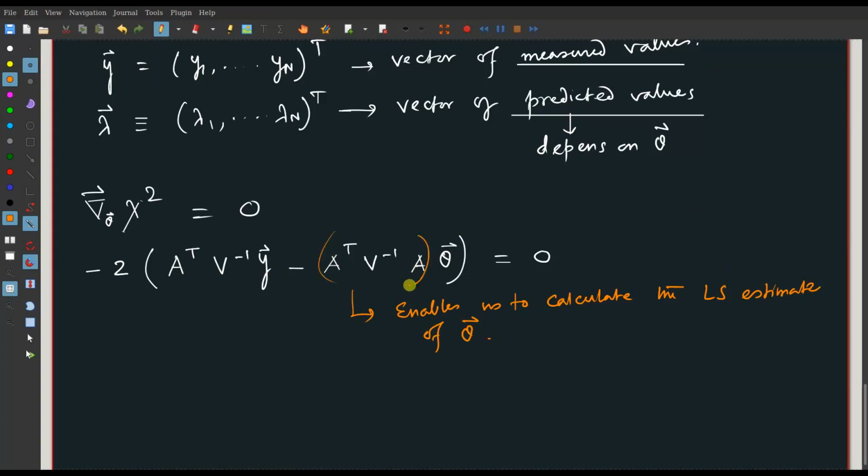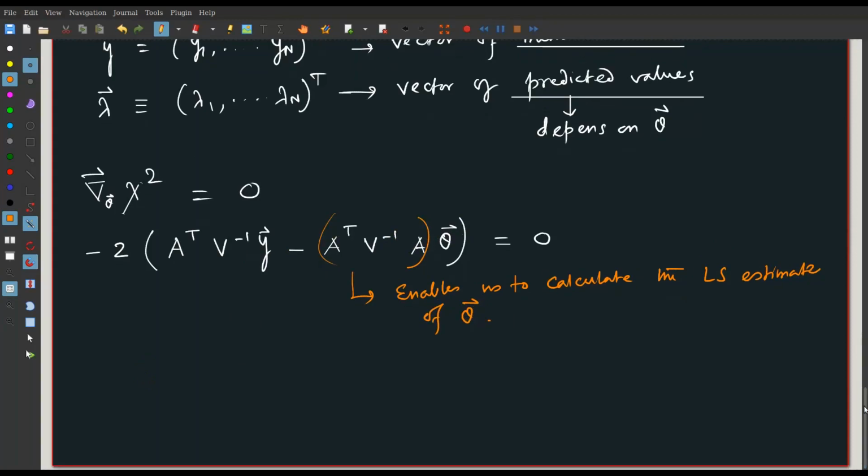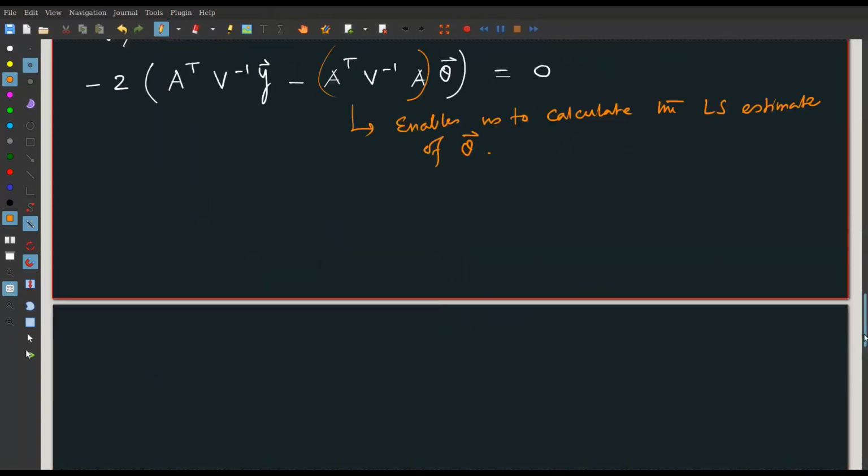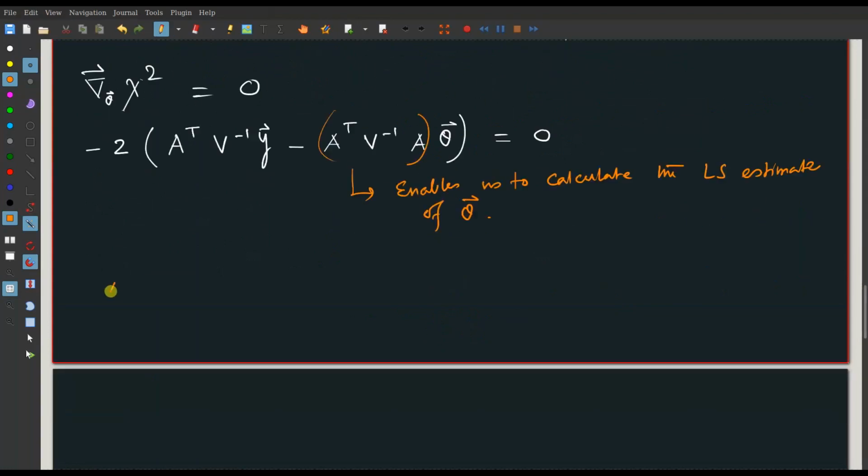Assuming that this matrix is non-singular, so that you can safely take the inverse of that. Since this is 0, if you shuffle that equation a bit, you end up with A transpose V inverse A times theta vector should be equal to A transpose V inverse Y.